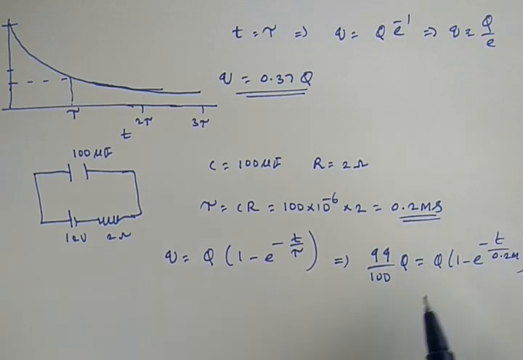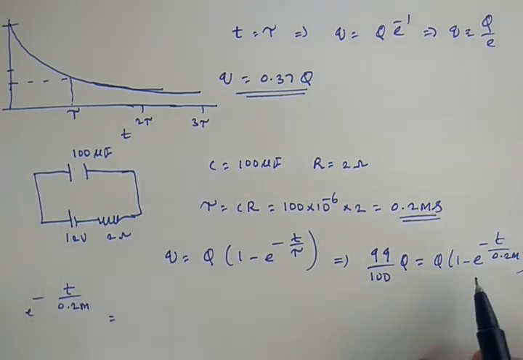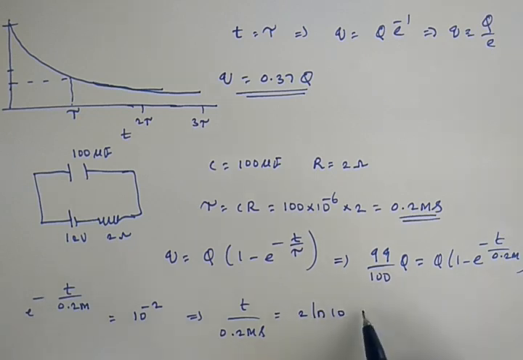So you can cancel Q and Q. Now e power minus t by 0.2 millisecond will be equal to 1 minus 99 by 100, that is 1 by 100, which you can write as 10 power minus 2. That implies t by 0.2 millisecond will be equal to 2 log 10.